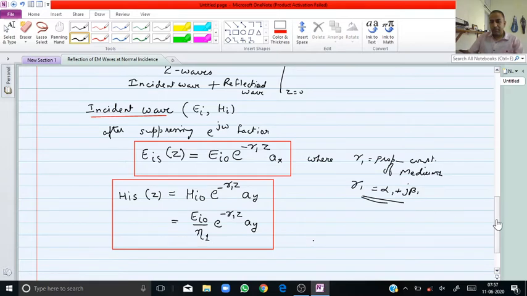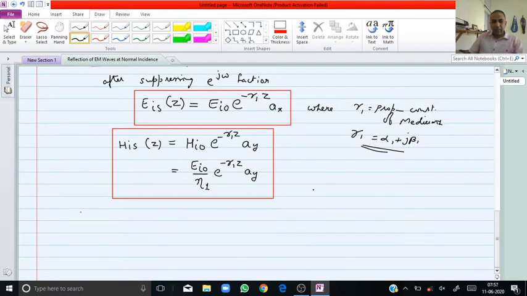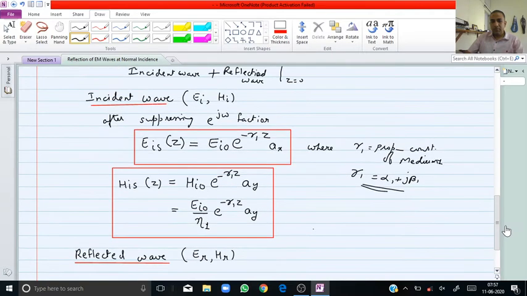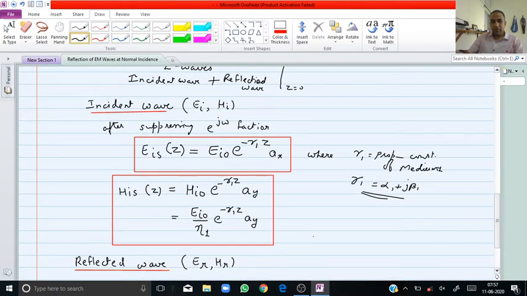Now consider the reflected wave. In the case of the reflected wave, we have assumed that the reflected wave is denoted by ER and HR, with the same condition that we have suppressed here, that is, the e raised to power j omega t factor is suppressed here.